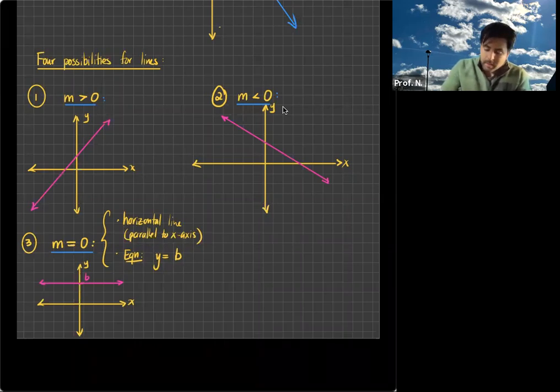And finally, my slope could be positive, my slope could be negative, my slope could equal 0, or my slope could be what? What's the fourth possibility? My slope could be positive, negative, 0, or what?